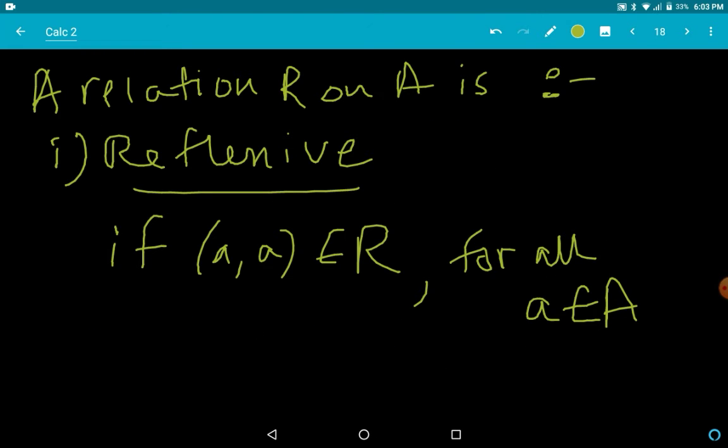Now let me explain this to you. Changing the color to blue. Now let's say a relation R on A is reflexive if (a, a) belongs to R for all a in A. Meaning if I find a set like (1,1), (2,2), (3,3), (4,4), (5,5), (6,6), (7,7), (8,8), like that, that relation in this case will be called reflexive.